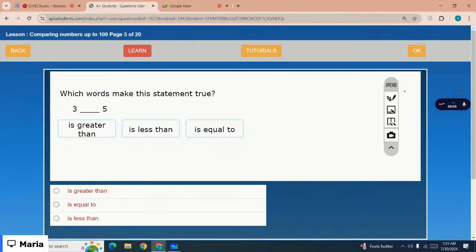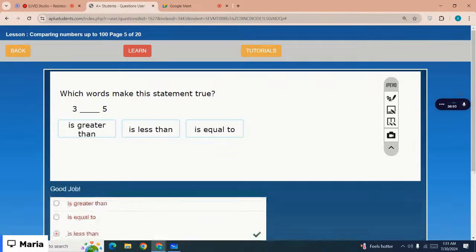The correct option is less than, because when you count, you have 3 before 5. So 3 is less than 5.